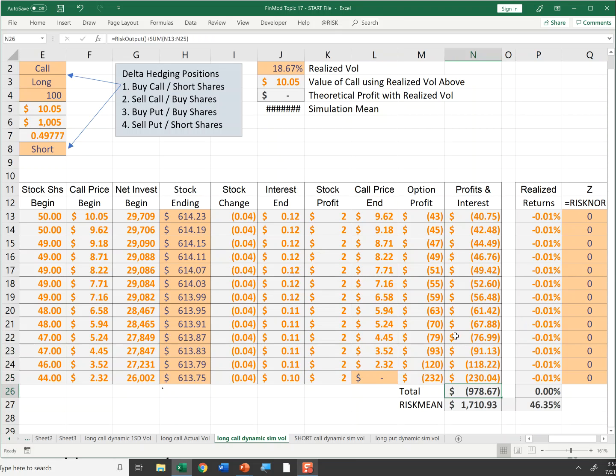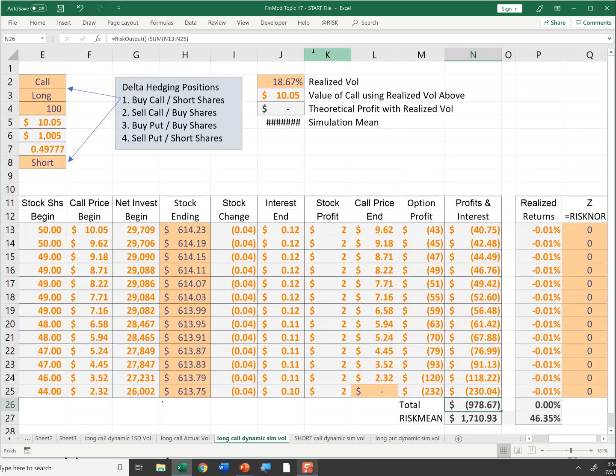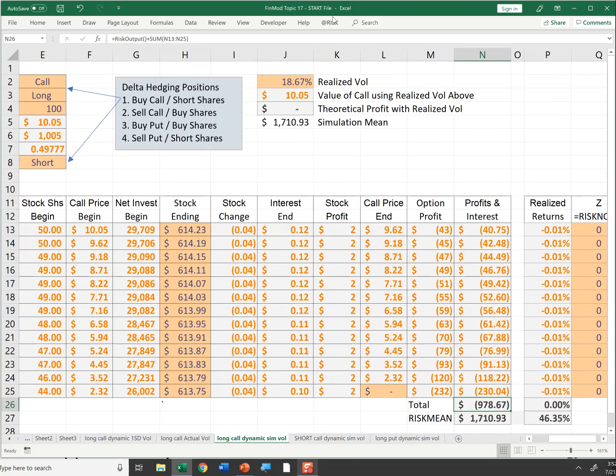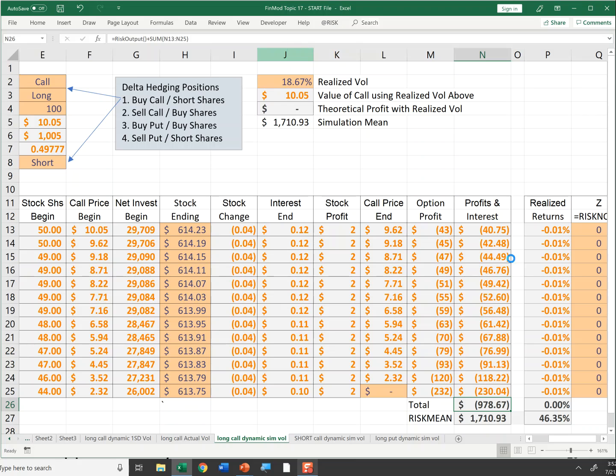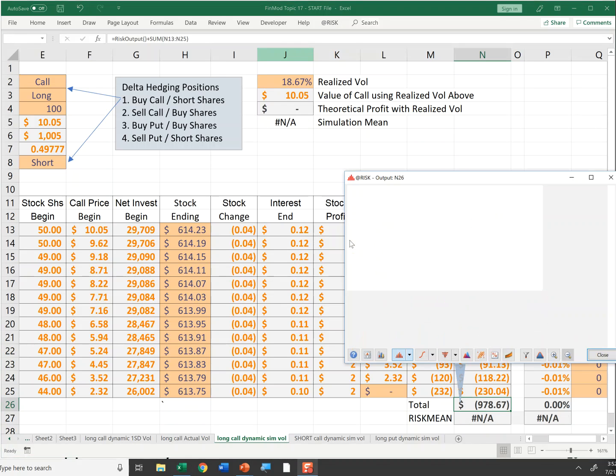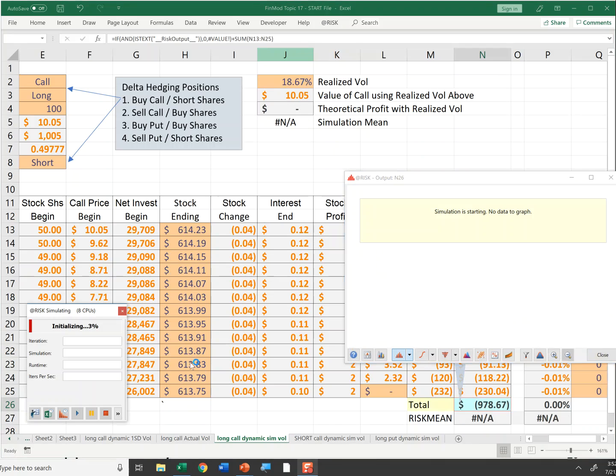I'll then run @RISK. I'm going to click on my P&L and I'm going to run @RISK, and I'll talk about why it's running. So I'm going to do 10,000 iterations and go. So here's what I expect to happen. Since I'm modeling these prices based on a realized vol of 18.67, and that is my implied vol, if the realized vol is equal to implied vol, I expect the option to break even, and the delta hedge profits to be 0.